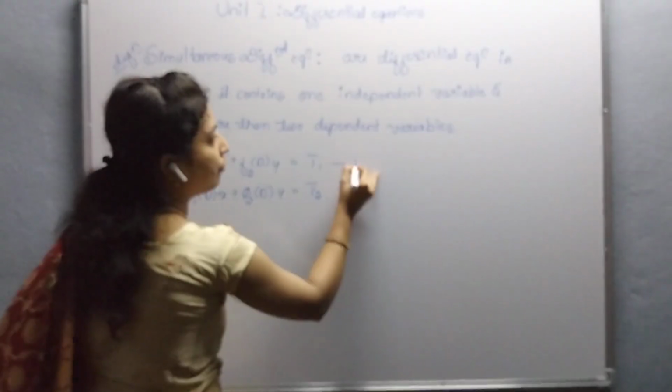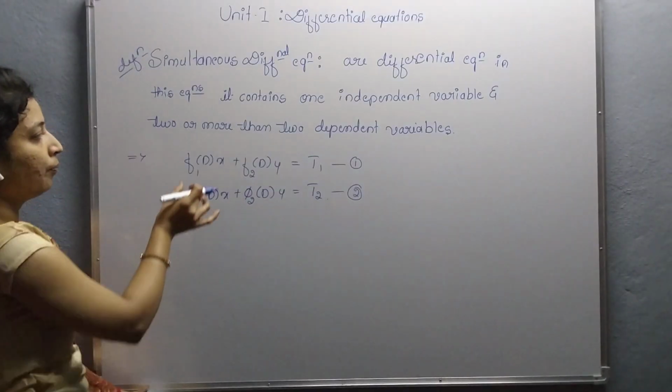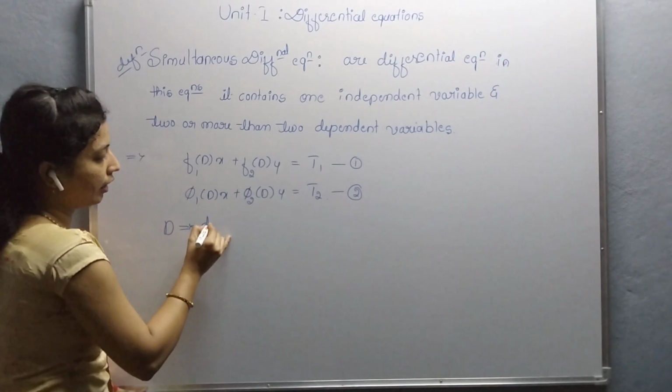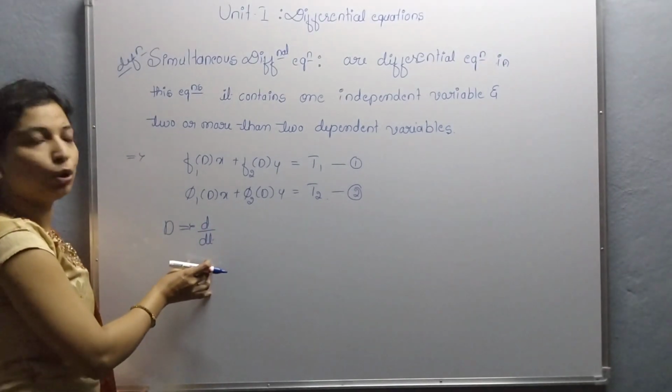Call this equation 1 and this equation 2. Here capital D denotes d by dt, differentiation of the function with respect to t.